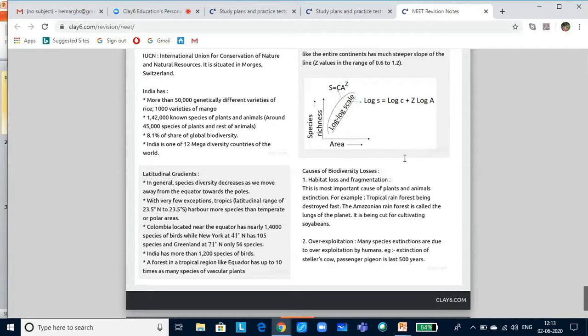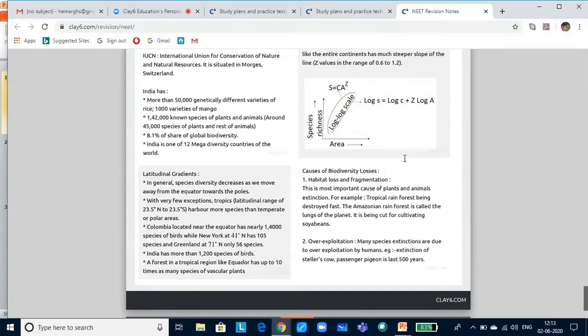The dodo in Mauritius, quagga in Africa, thylacine in Australia, Steller's sea cow in Russia, and three subspecies of tiger, namely Bali tiger, Java tiger, and Caspian tiger, are examples of recent extinction. About 27 species have gone extinct during the last 20 years. Some groups like amphibians appear to be more vulnerable to extinction.